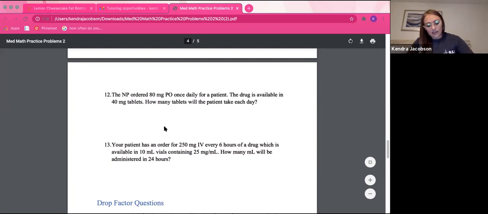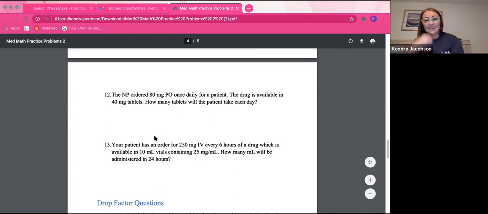So your patient has an order for 250 milligrams IV every 6 hours of a drug that is available in 10 milliliter vials containing 25 milligrams per milliliter. How many milliliters will be administered in 24 hours?